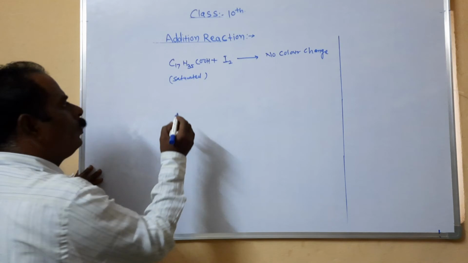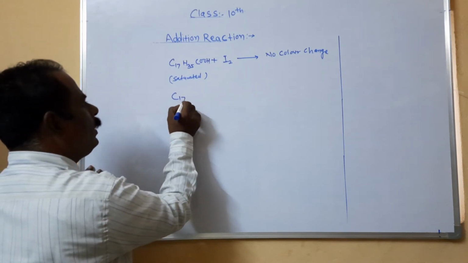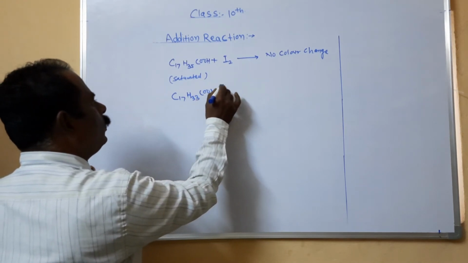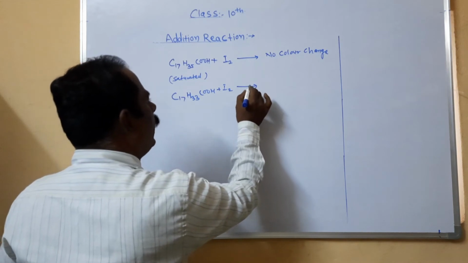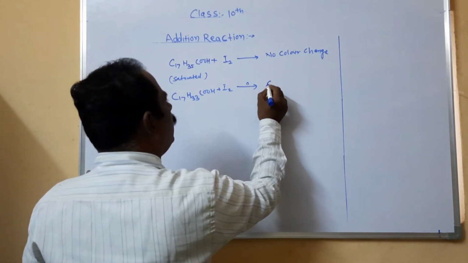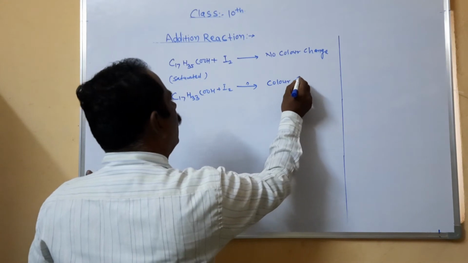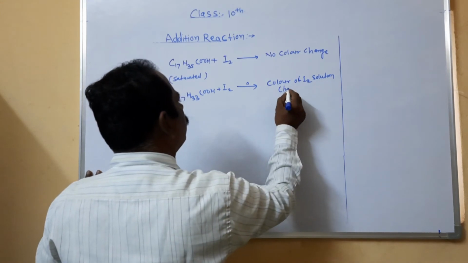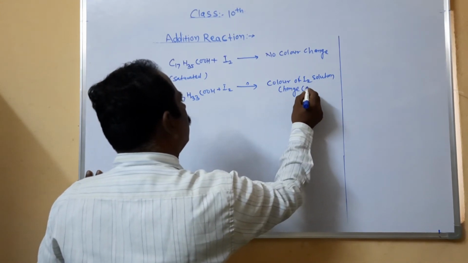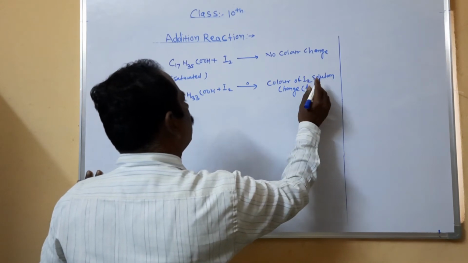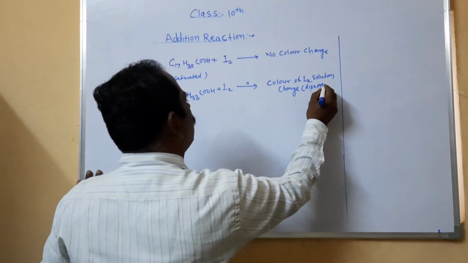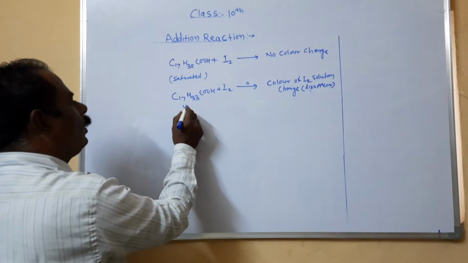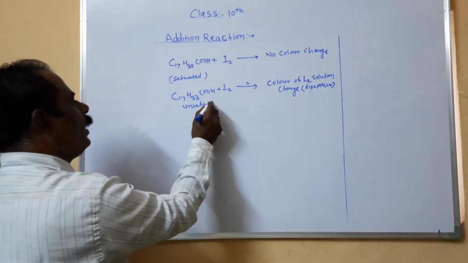But if you take oleic acid, C17H33COOH, plus I2, add 2 to 3 drops of iodine and warm it, the color of the iodine solution changes or disappears. Therefore, it contains a double bond, and so it is an example of unsaturated hydrocarbon compound.